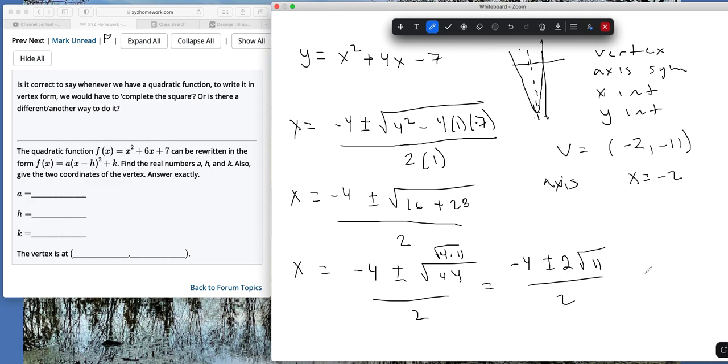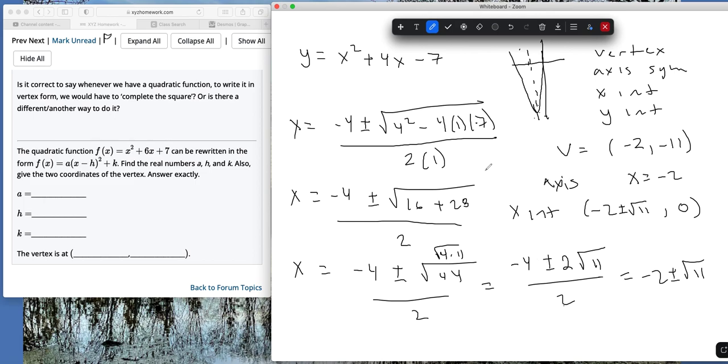Simplifying those 2's, I would get negative 2 plus or minus root 11. That would be the x-intercepts, which I think is probably the hardest part of that whole thing. That would be negative 2 plus or minus root 11, comma, and then 0, because when we're solving the quadratic formula, we're letting y equal 0 and finding the x's.